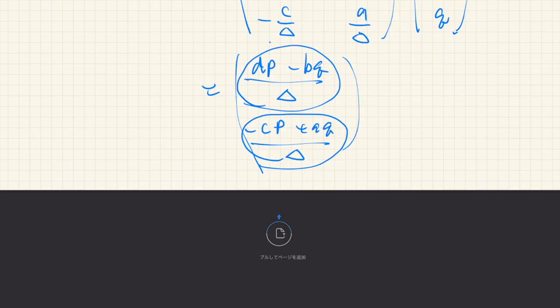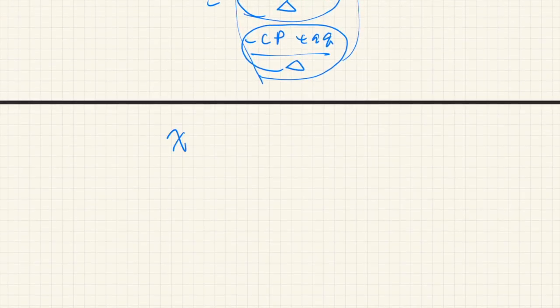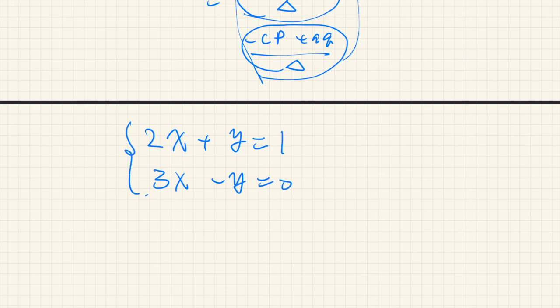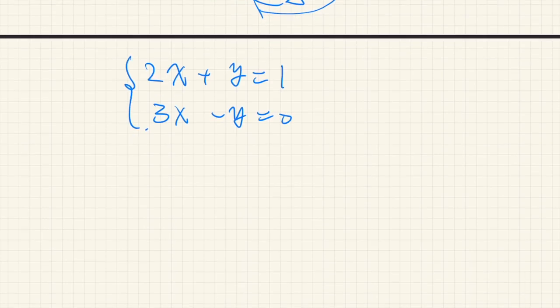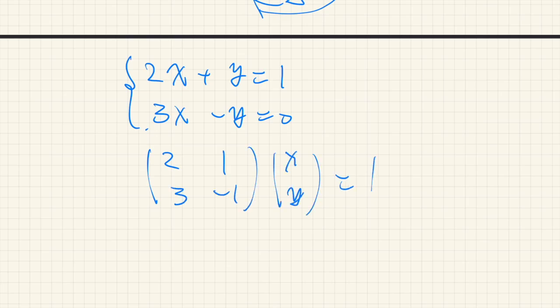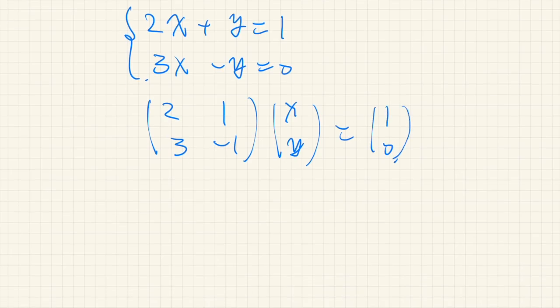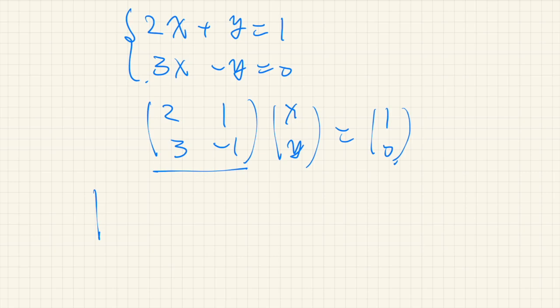Okay, let's see. Consider these equations: 2x plus y equal to 1 and 3x minus y equal to 0. These equations can be expressed as a matrix equation: [2 1; 3 -1] times (x, y) equal to (1, 0). For this matrix, the determinant is this times this minus this times this.